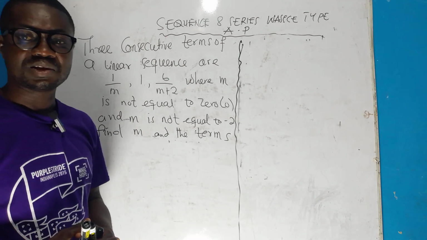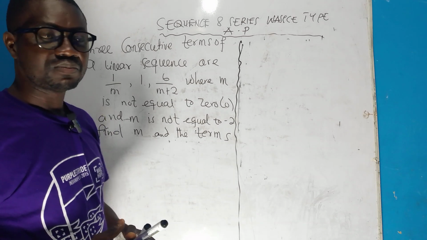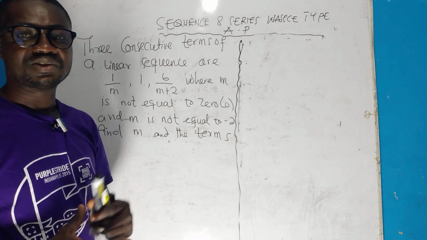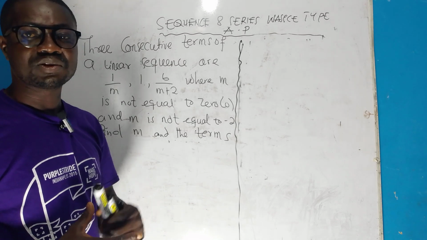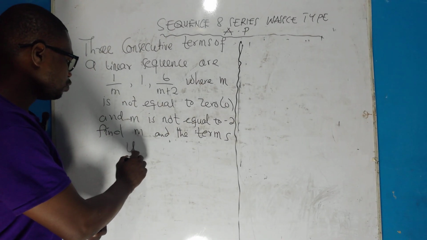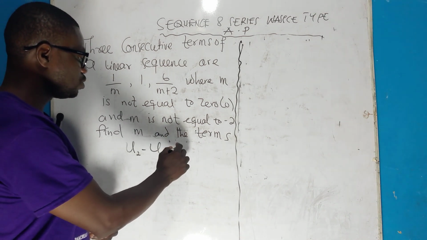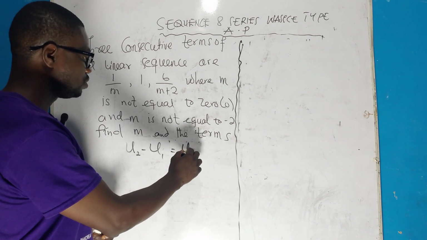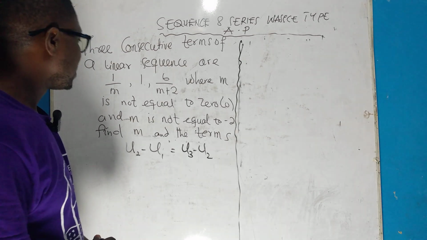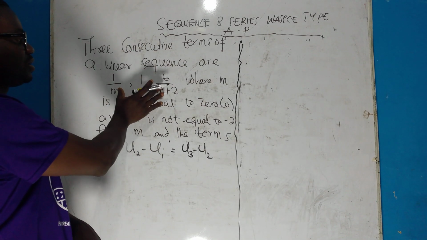The rule says that if the first term is subtracted from the second term, it is the same as the second term subtracted from the third term. So we are going to have u2 minus u1 is equal to u3 minus u2.